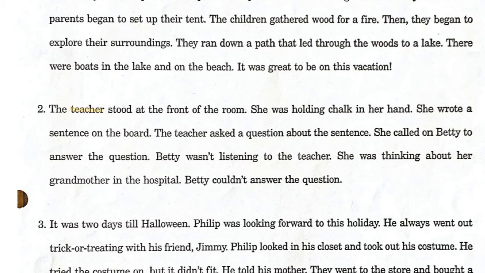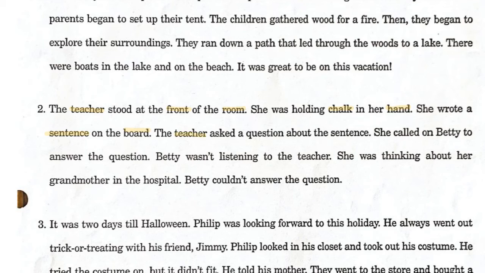Teacher would be a noun, and front would be a noun, and room would be a noun. She is a pronoun, so we're not going to deal with that. She was holding chalk in her hand. So chalk would be a noun and hand would be a noun. She wrote a sentence on the board.